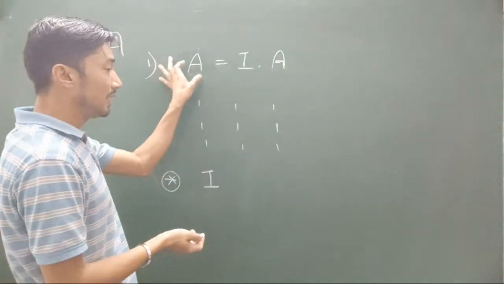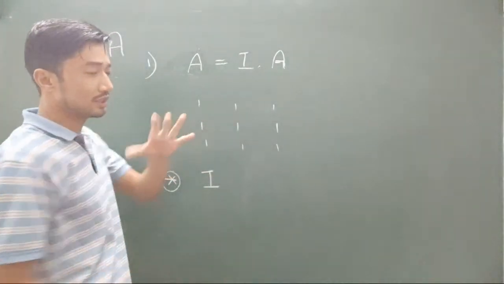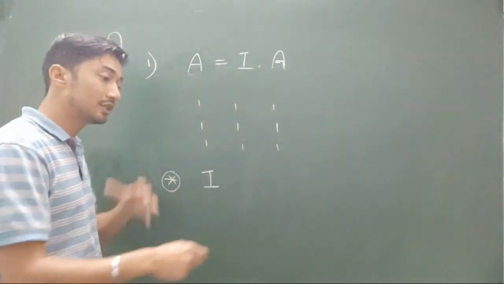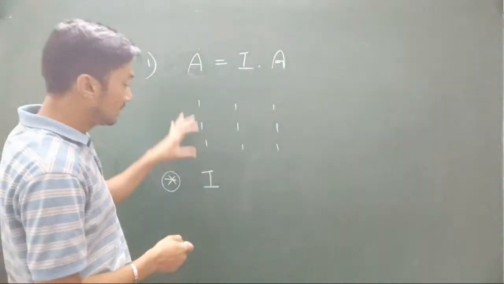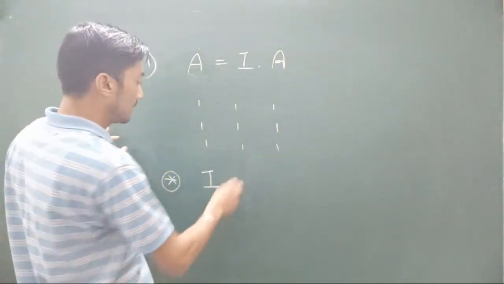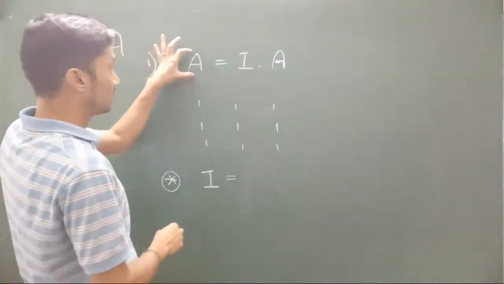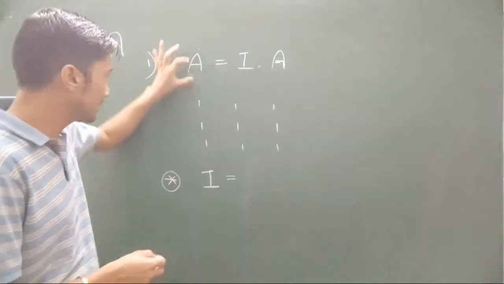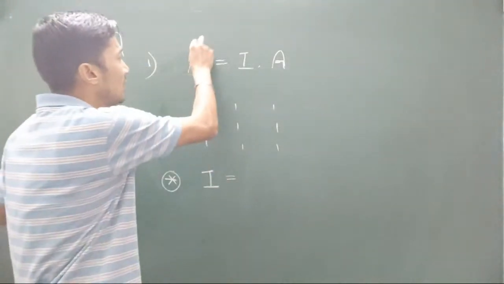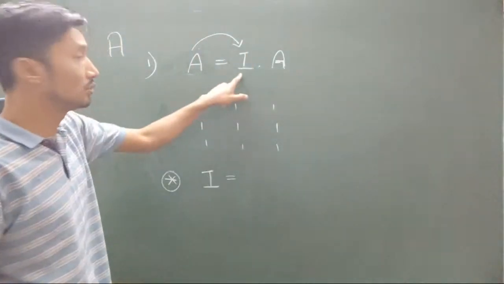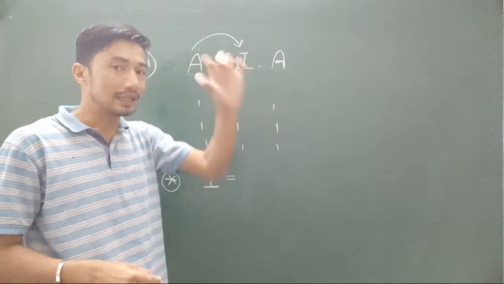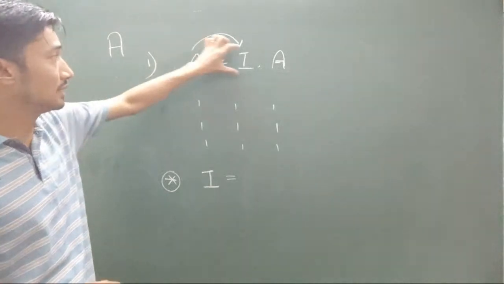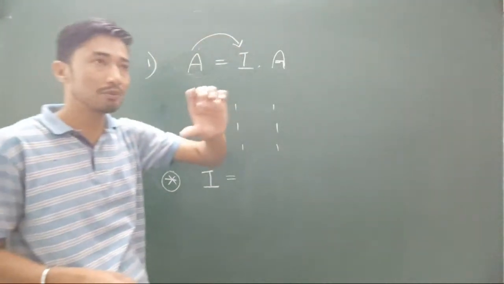So our motive is to use different varieties of elementary transformations, which will be unique for every problem and every teacher, and then ultimately convert this A to I. Along with that, the row transformations that I apply at every step on the matrix A should also be applied to the matrix I. I started with an identity matrix here, but as we apply the same operations, this I will no longer be an identity matrix.